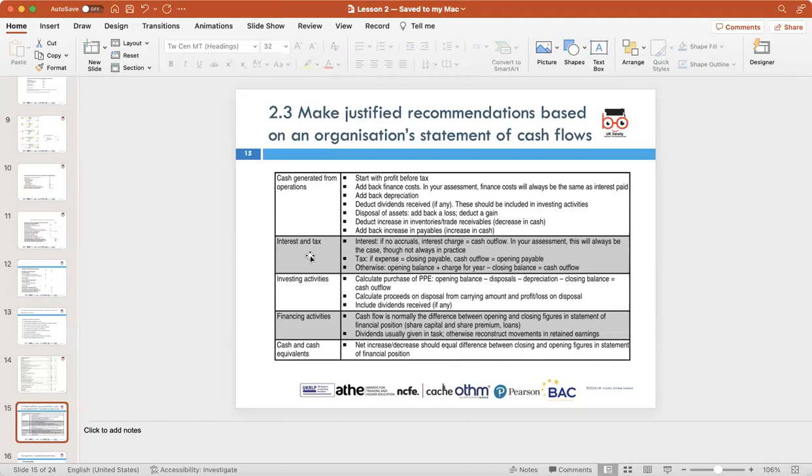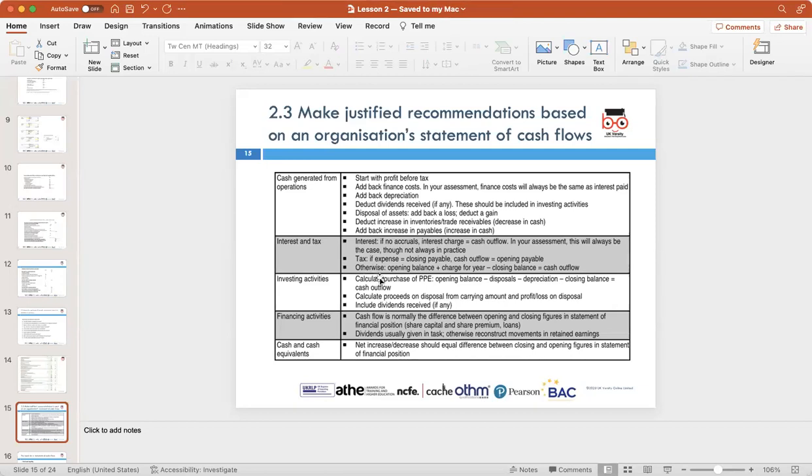So interest and taxes: if not given, accruals, interest charges, cash outflow in your assessment, this will always be the case, though not always in practice.